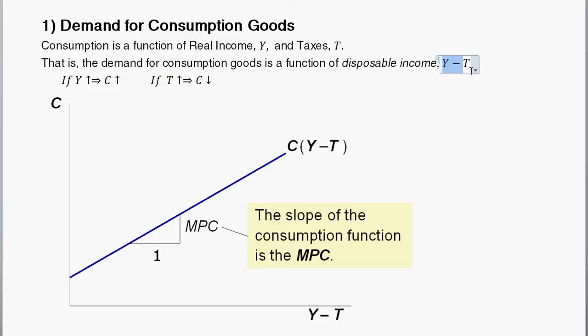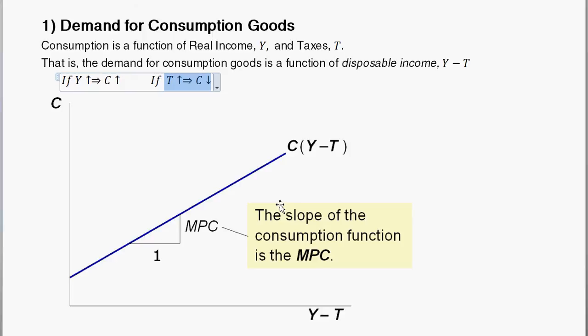So all the money left over is your disposable income, and that's what you could spend on consumption goods. If your income goes up, we expect your demand for consumption goods to go up. If taxes go up, that's going to cut into your disposable income, and you expect your demand for consumer goods to go down. So nice little upward slope. The slope of it is the marginal propensity to consume.